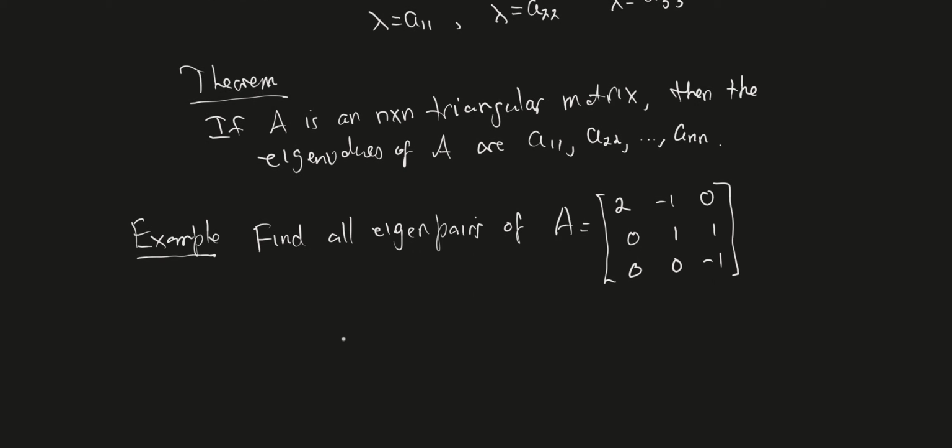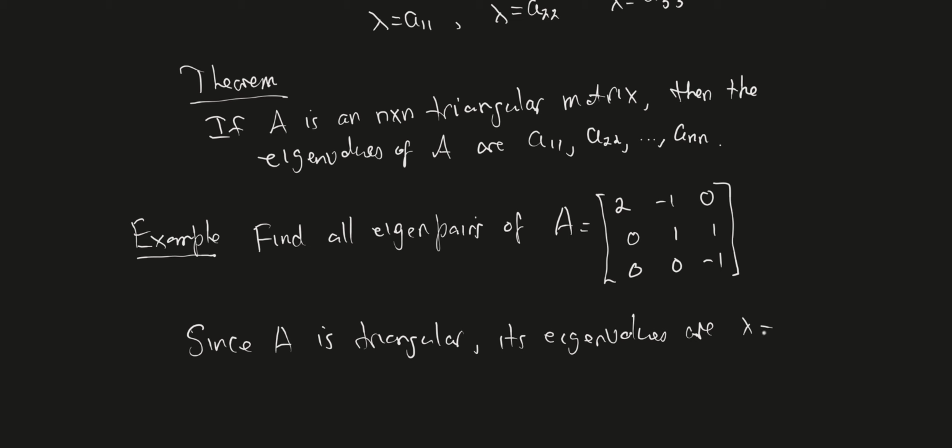Now, because A is triangular, we can write down right away what the eigenvalues are. There are these 3 numbers on the main diagonal, right? So half the problem, out the door just like that. So since A is triangular, its eigenvalues are the numbers.